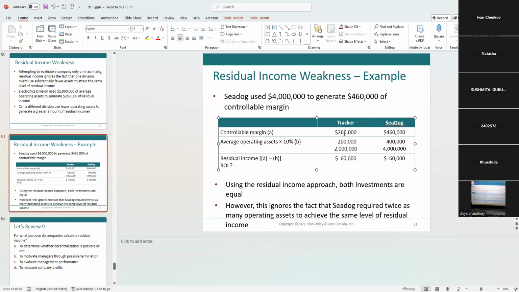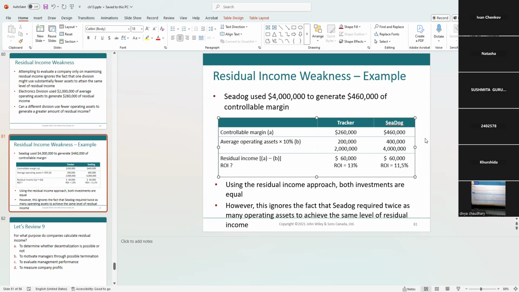We're getting 260 out of 2 million, correct? Yeah, 13%. How about in this case? We're generating 460 out of 4 million. 11.5%.